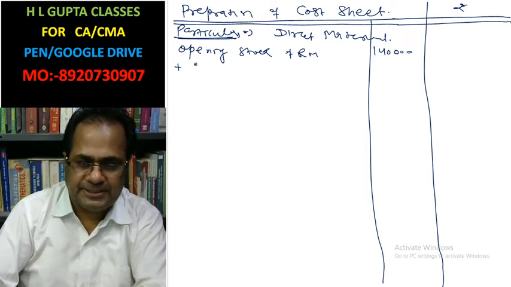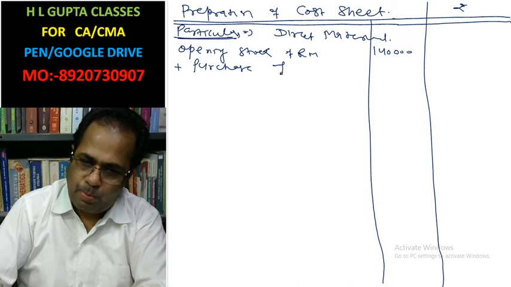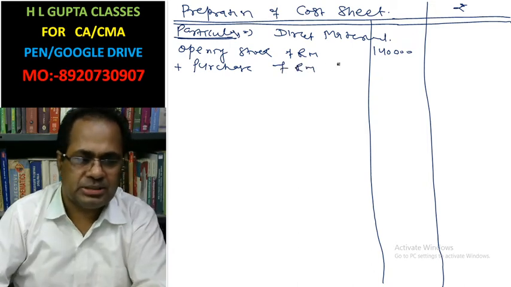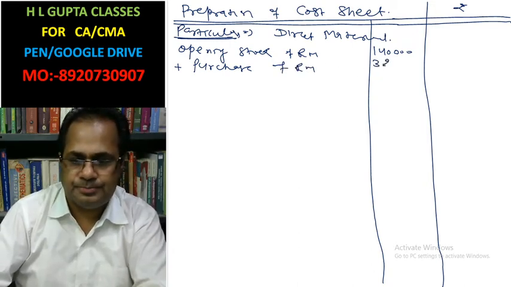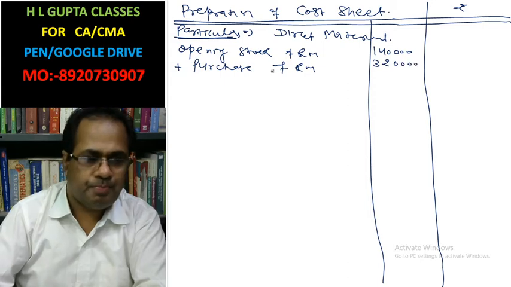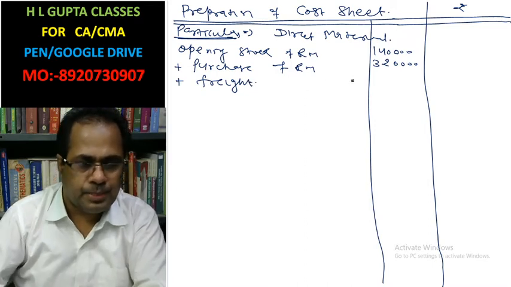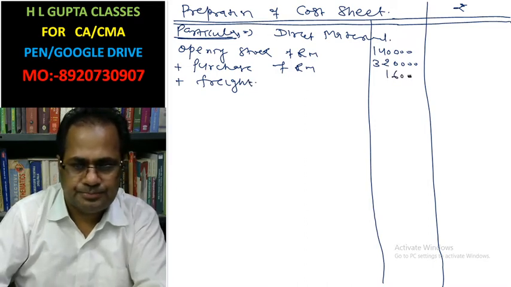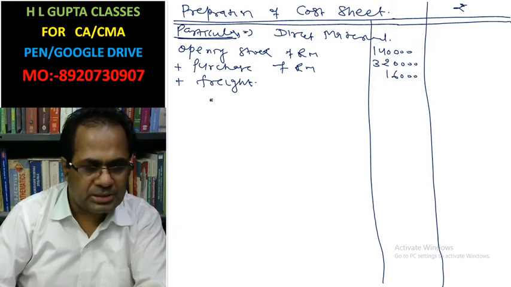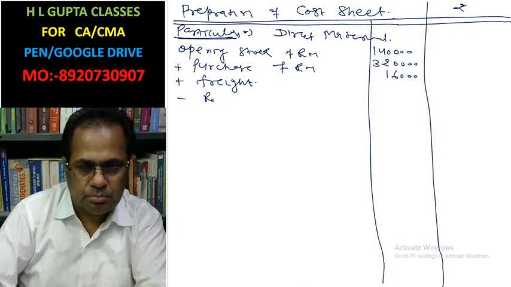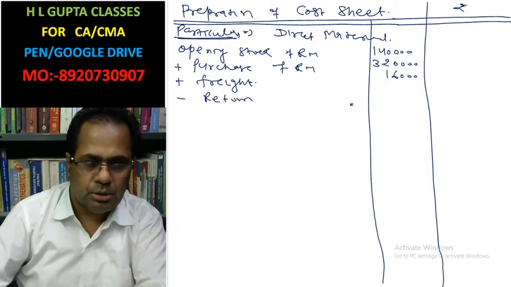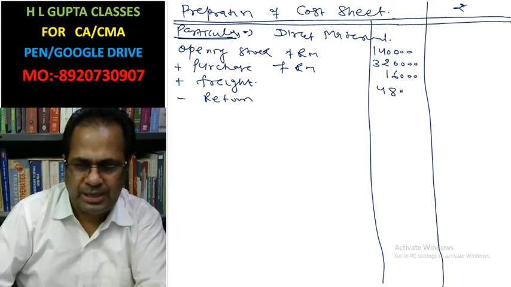Plus purchase of raw material, this is given, 3,20,000. Plus freight 16,000. Purchase returns 4,800.